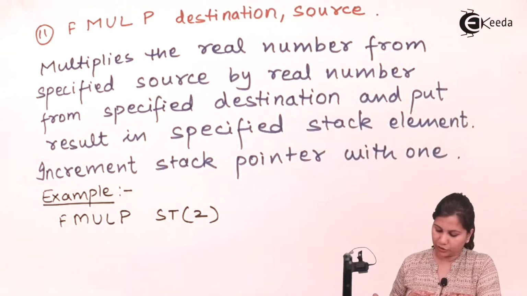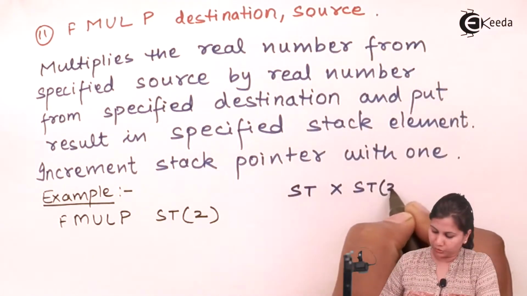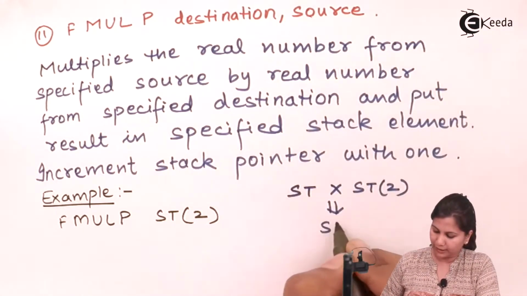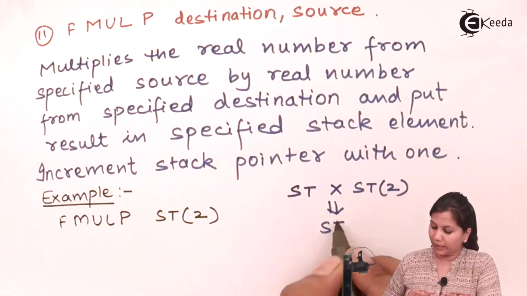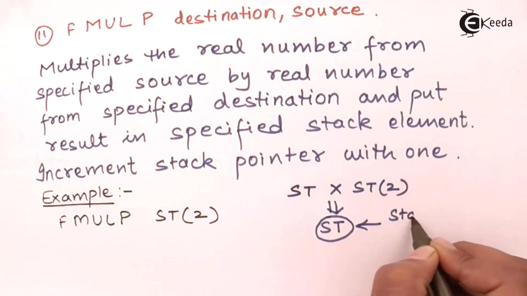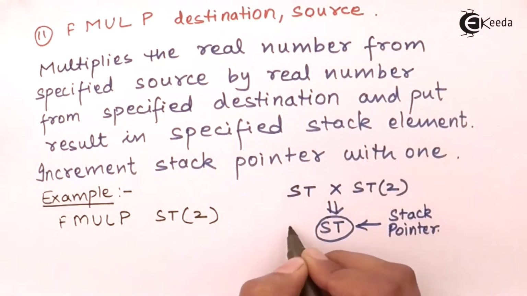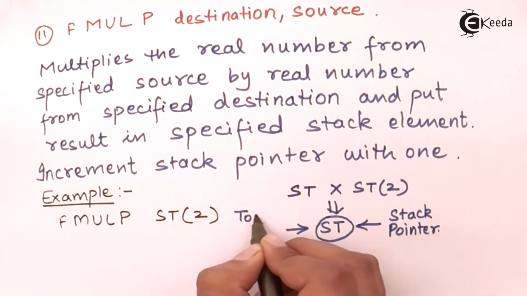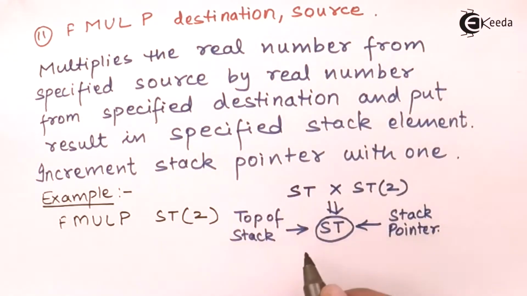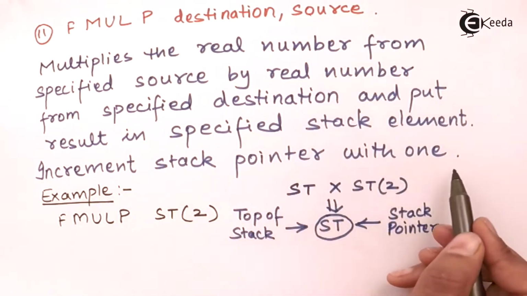So in this instruction ST and ST2 are multiplied with each other and the result is stored at ST. Now ST is the location where the stack pointer is pointing, that is the top of the stack. Now after doing this multiplication and storage of the result, the stack pointer is incremented by 1.